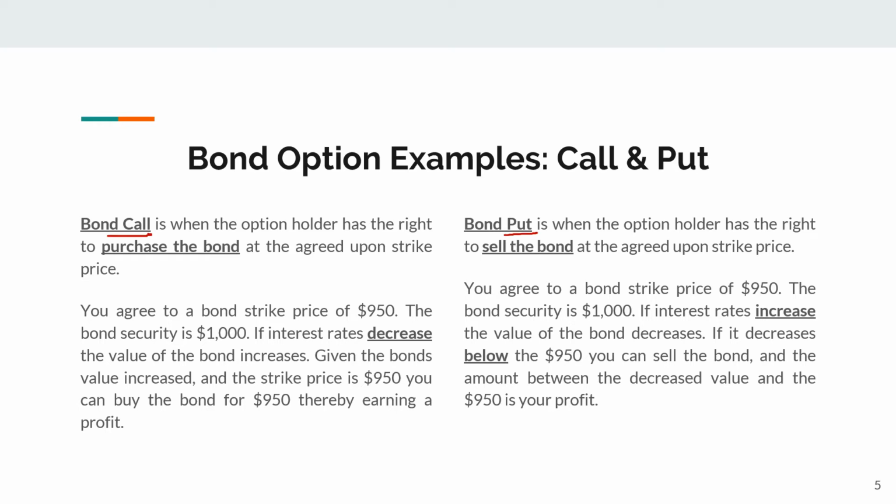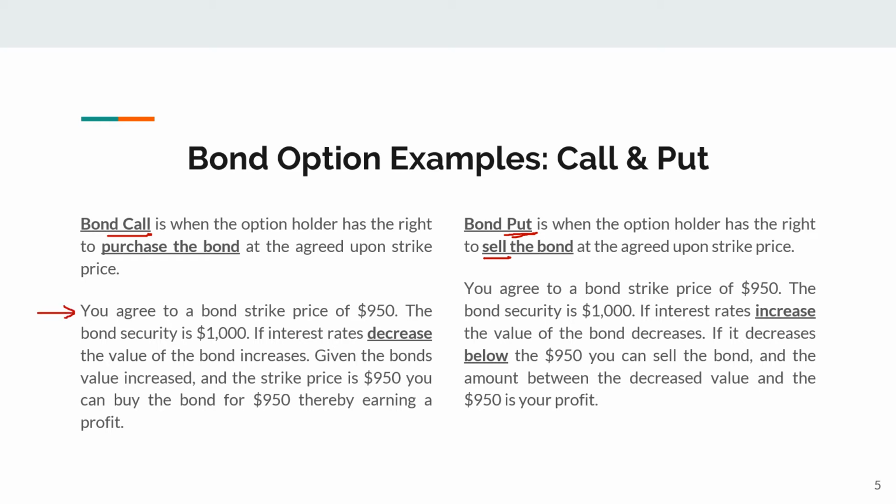The bond call is when the option holder has the right to purchase the bond at the agreed upon strike price, whereas the bond put is when the option holder has the right to sell the bond at the agreed upon strike price. So let's take a look at the bond call example first.